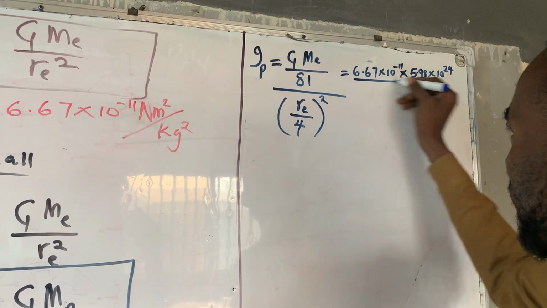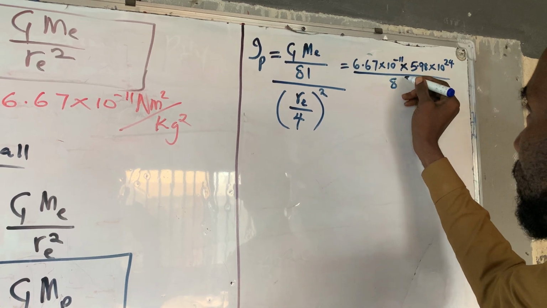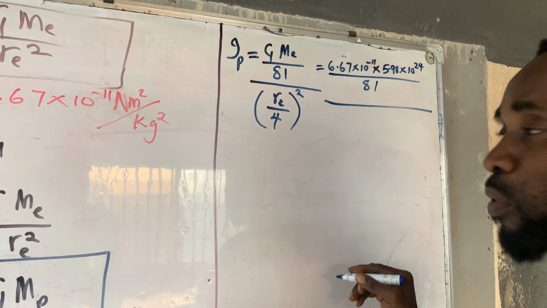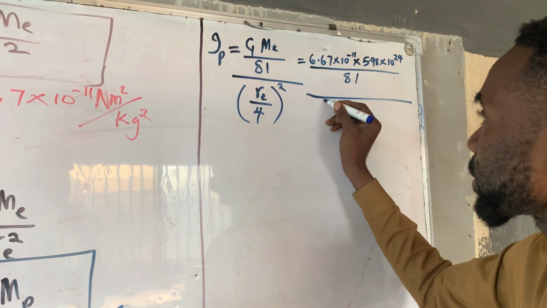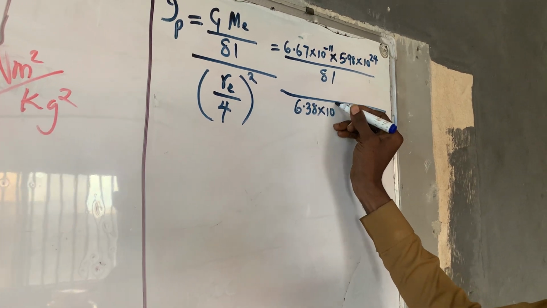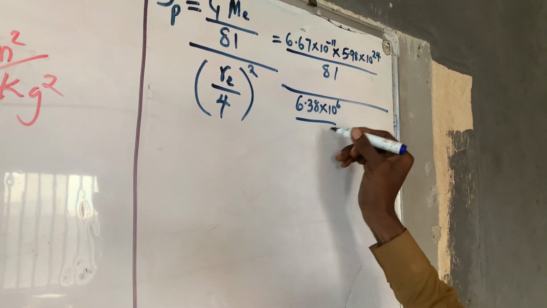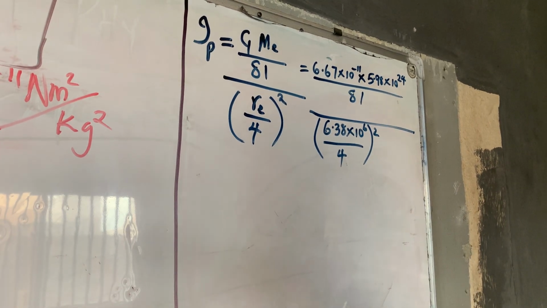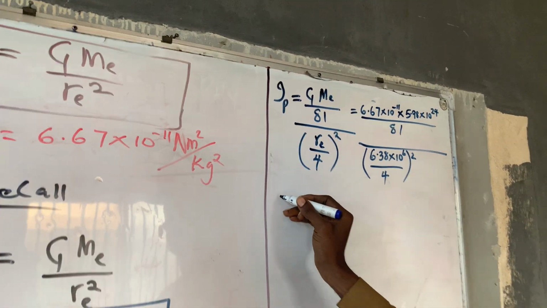Now you divide by 81. Further divide this by the radius of the Earth. And what's the approximate radius of the Earth? 6.38 times 10 raised to the power of 6 divided by 4. Remember, all squared. So we are supposed to have something like this.